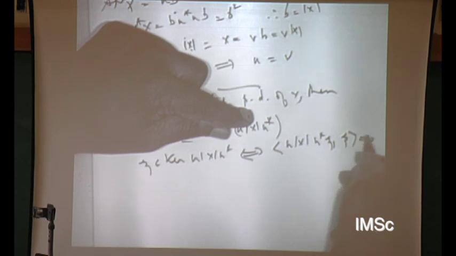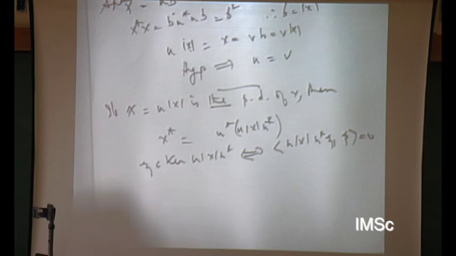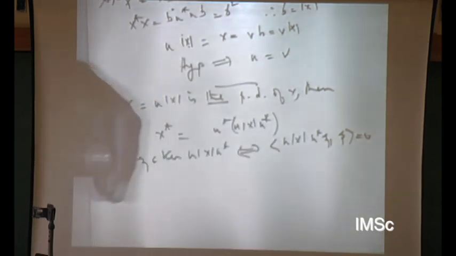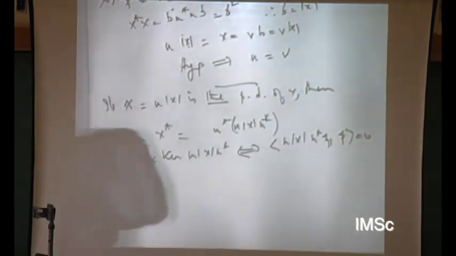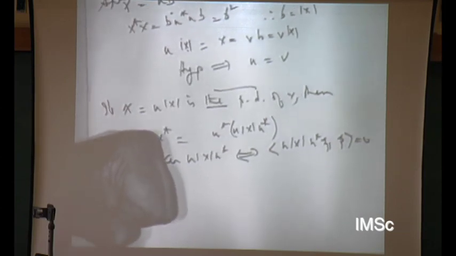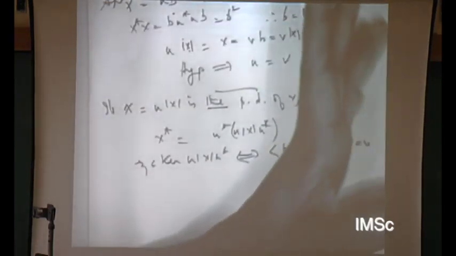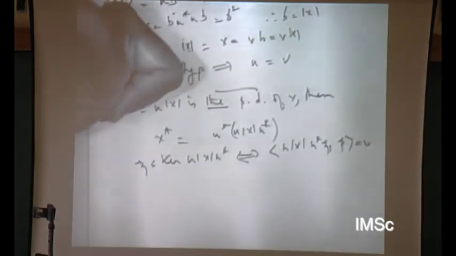So I am using the fact that if I have a positive operator B, then Xi is in the kernel of B if and only if B Xi Xi is 0. Right? Because B Xi Xi equals 0 means that B to the half kills Xi.